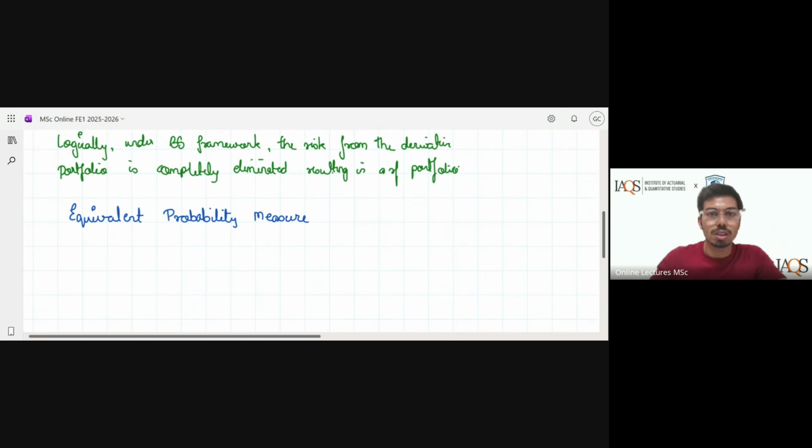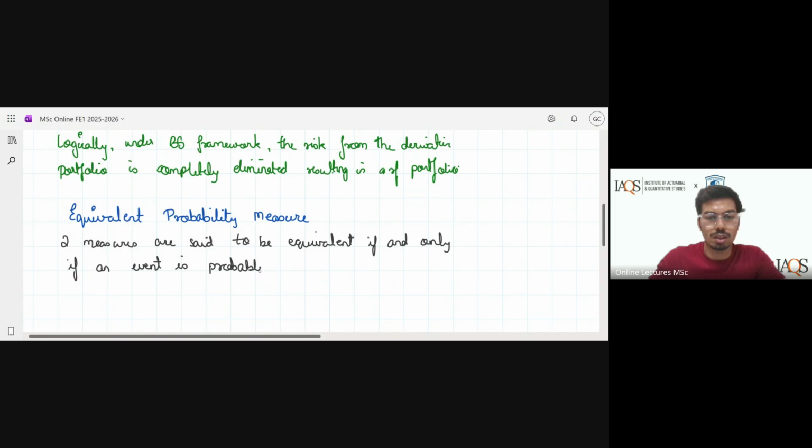Let me write the statement. Two measures are said to be equivalent if and only if an event is probable under both measures.